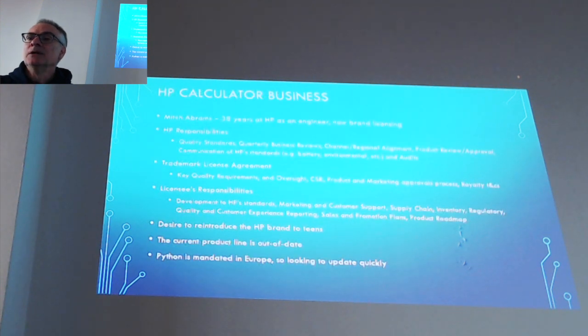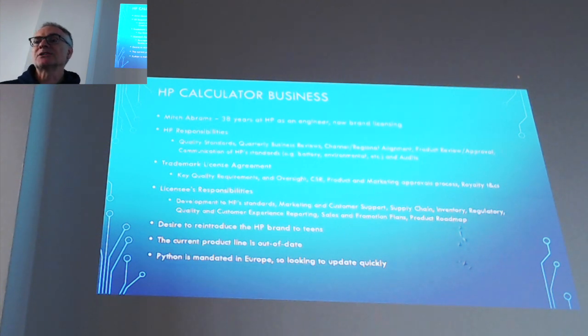It's quite big. We had Mitch Abrams from HP Calculator Business. He's a 38-year HP engineer. He's now responsible for brand licensing. So as part of his brand licensing, HP are responsible for things like quality standards, quarterly business reviews, channel and regional alignment, product reviews, all of the rest of it, trademark license agreements, key quality requirements, corporate social responsibility, marketing, and royalty.